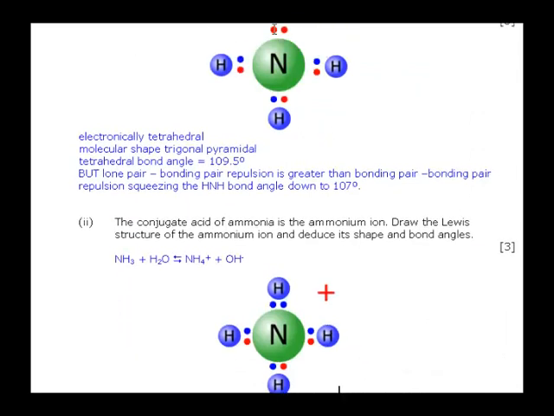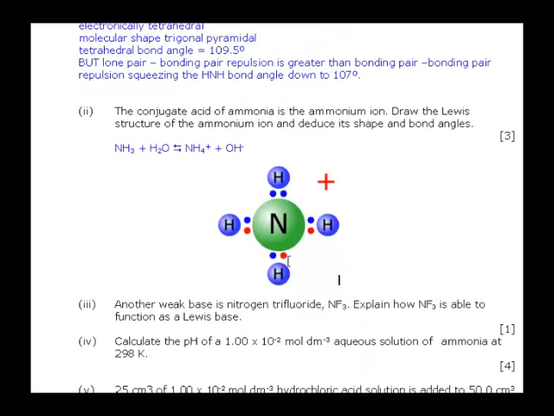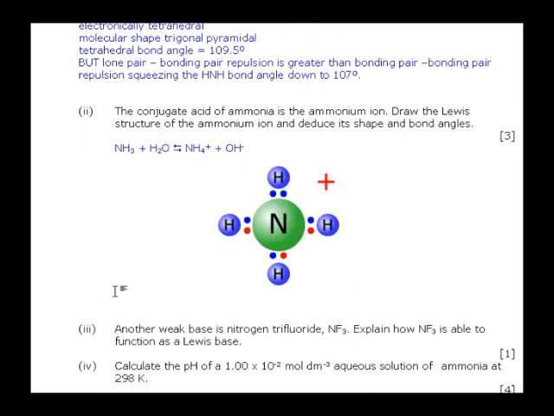The lone pair has picked up a hydrogen to give a tetrahedral shape. The bond angle is 109.5 degrees, 109 degrees 28 minutes if you like.